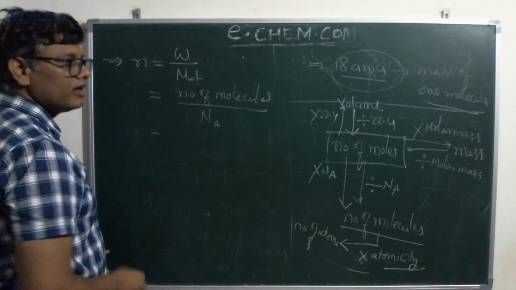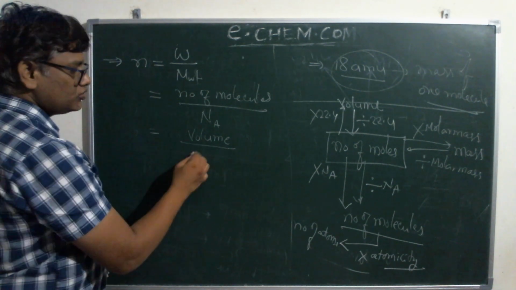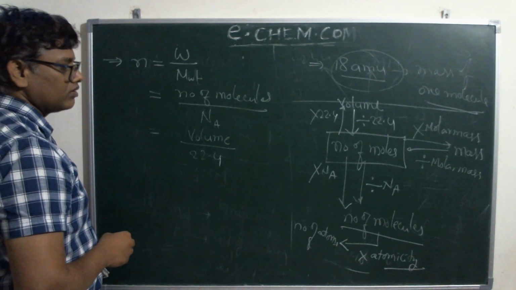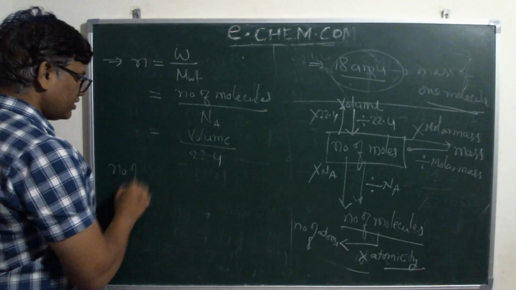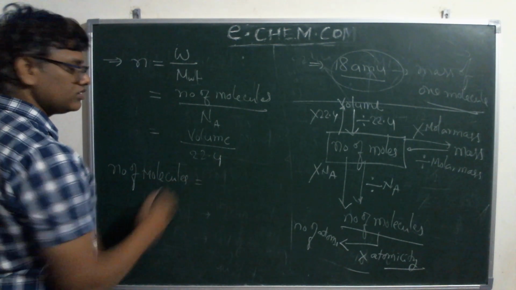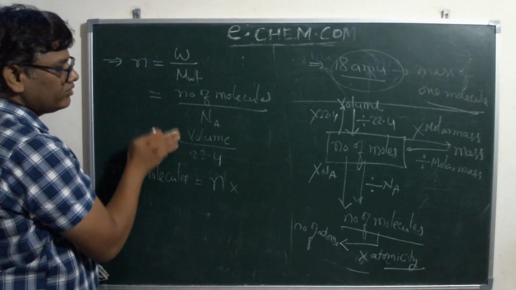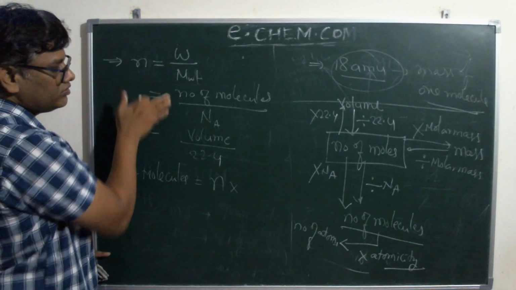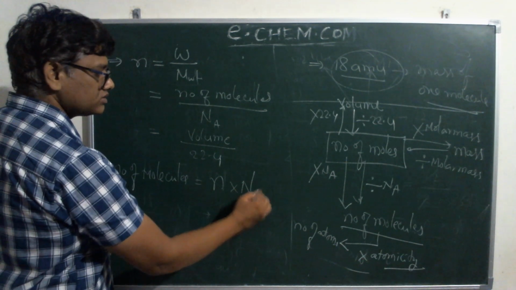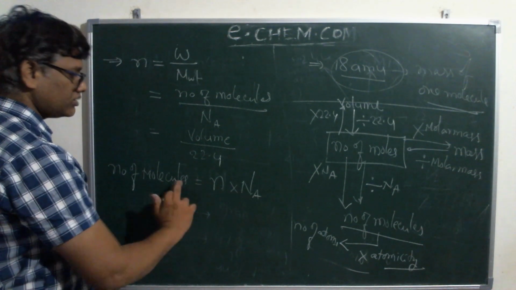If you know the volume, given volume divided by 22.4 liters, it will be transformed into moles. Right? If I want to calculate the number of molecules, that is equal to number of moles, whichever parameter is given, either mass or molecules or volume. You need to multiply the number of moles by Avogadro number, so that you will get the total number of molecules.